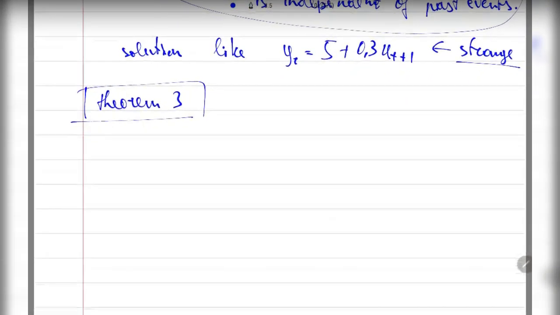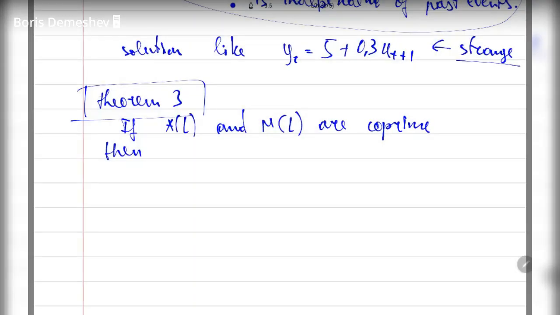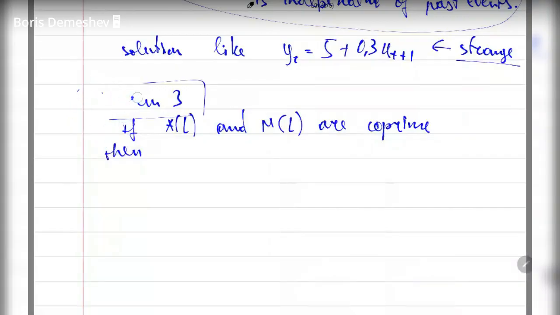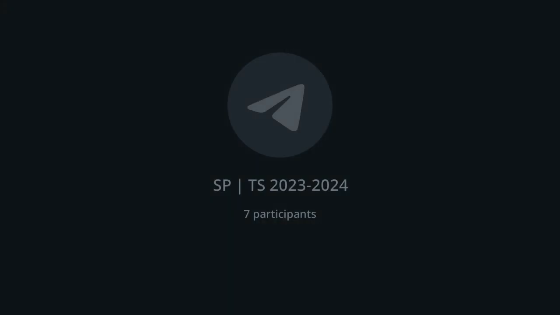So if A(L) and M(L) are coprime, then... no, I need one more definition before the theorem and the motivation. Because there are two polynomials associated with the same equation.